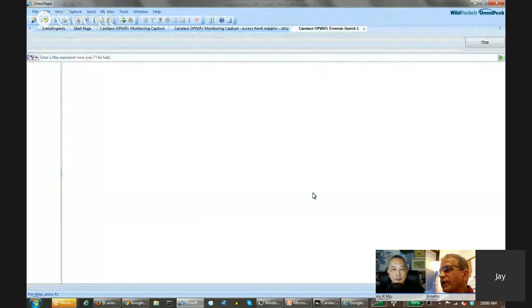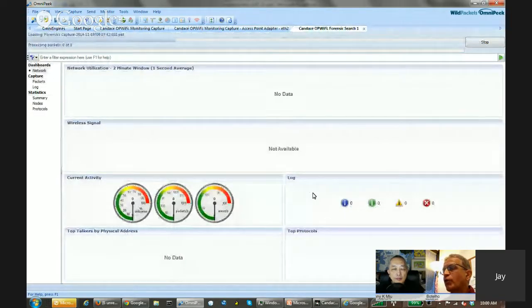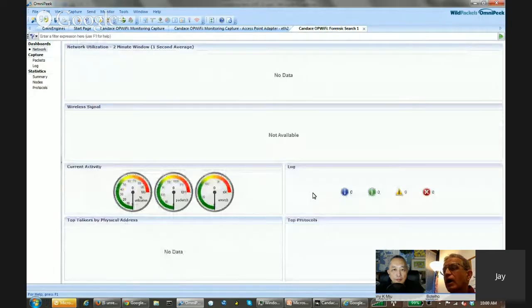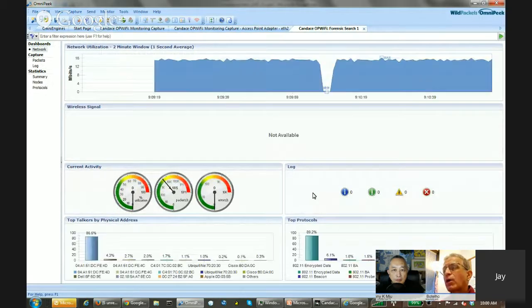And it'll take a little bit, but what it's going to do is start a forensic search. It's going to retrieve those packets from the disk, put them in a different buffer so that we can analyze that data. So now, on that left-hand side, we have some more analysis options available to us. We have our packets view, we have our statistics view, so we can analyze this data in more detail.